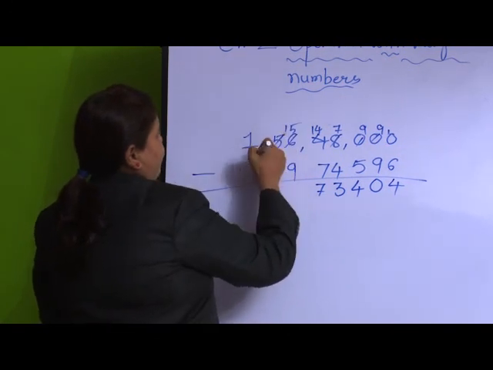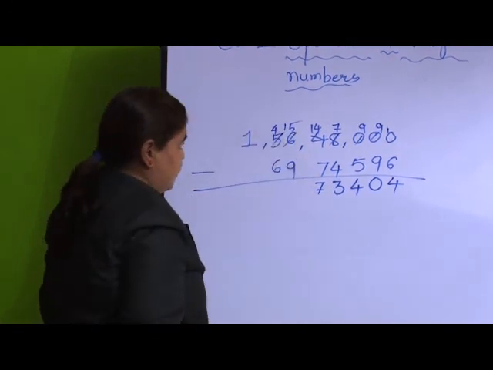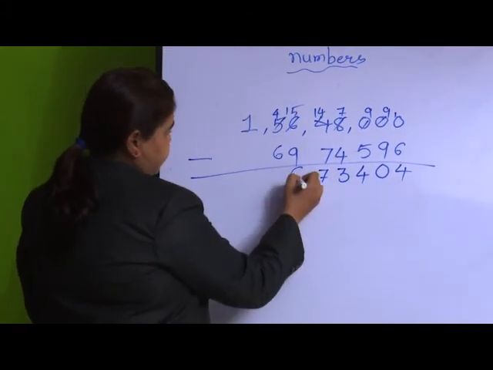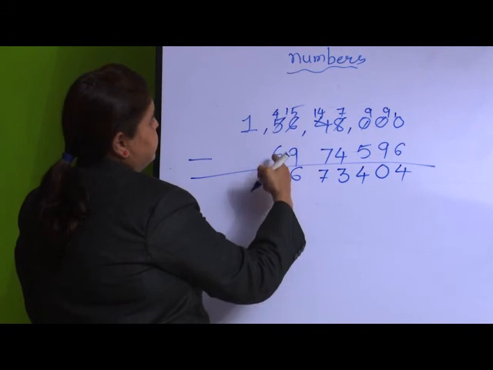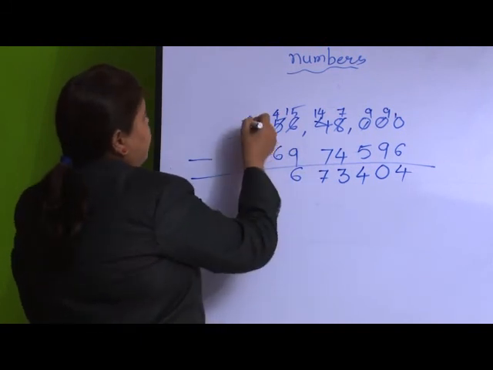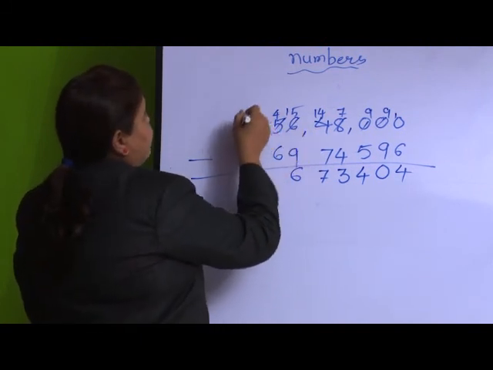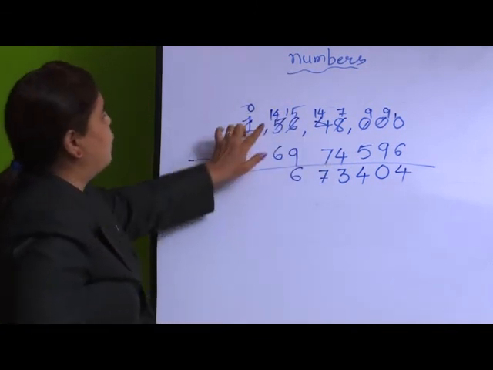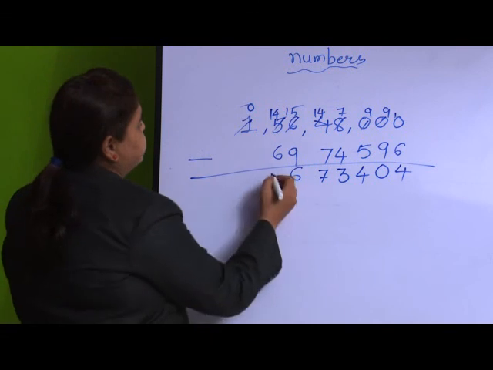I will borrow from here, and this is what my friend will have. 15 minus 9 is 6. 4 minus 6, not possible. Then I have to ask my friend. I will borrow from here. So 14 minus 6 will be 8.